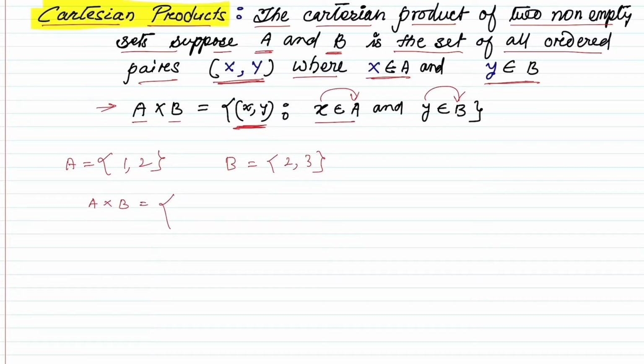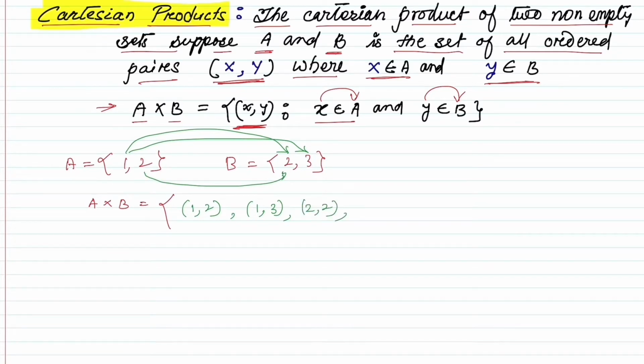How to obtain the ordered pairs? 1 comma 2 will be one ordered pair, then 1 comma 3 will be another ordered pair, then 2 comma 2, then 2 comma 3, this is another ordered pair.